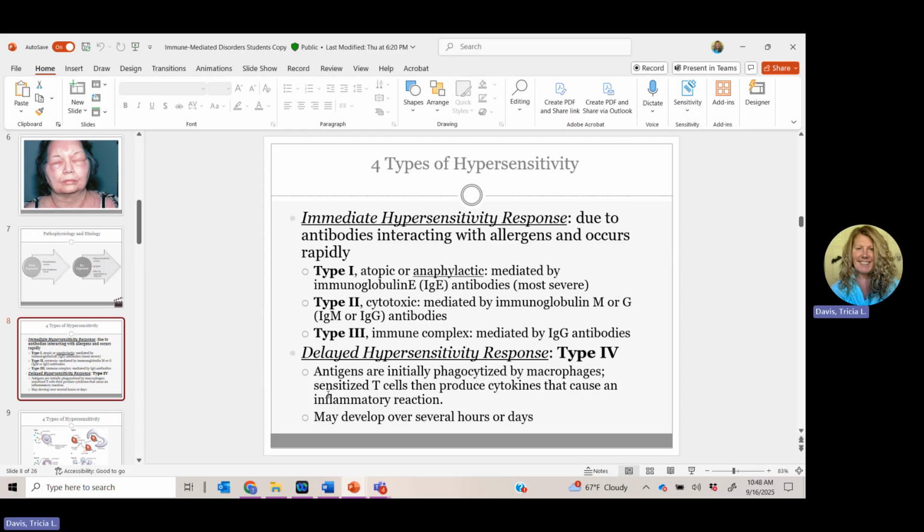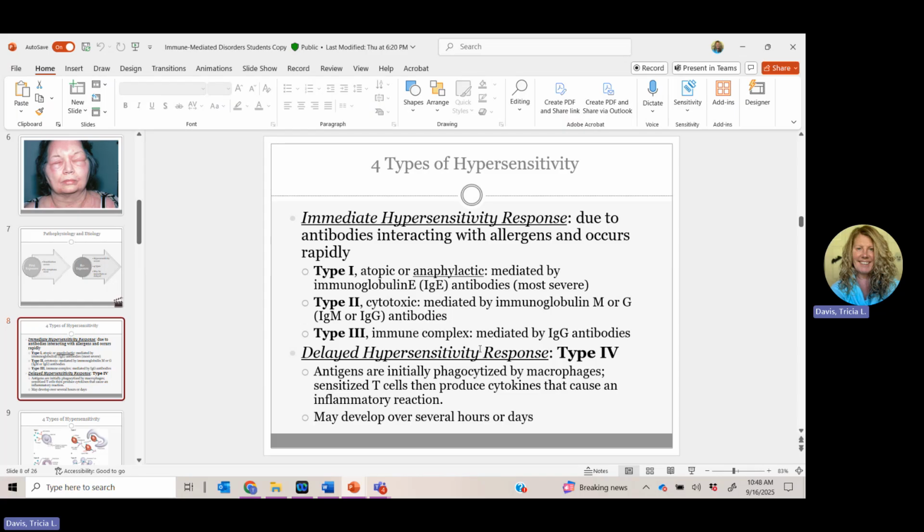So type 1 is going to be your most severe. Type 2 is going to be what we would call cytotoxic. These are mediated by our immunoglobulin M or G, okay, not as severe. And then type 3 is going to be our immune complex, which are mediated by IgG antibodies again. And on the scale of the most severe to the least, going from type 1, they get less severe. So type 3 is obviously less severe than 2, and then of course 1.